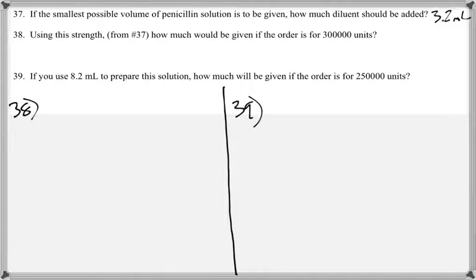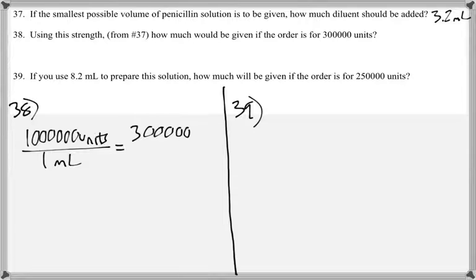So this is 1 million units over 1 ml is equal to 300,000 units over x. And if we solve that, then we get 0.3. So this is 0.3 mLs.